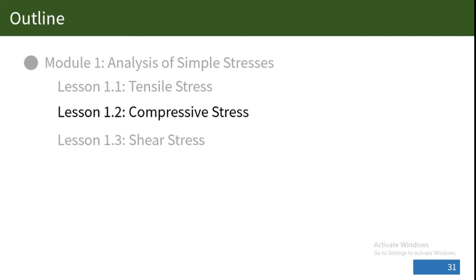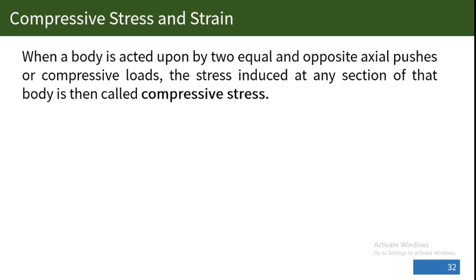Let's proceed with the compressive stress. So compressive stress is when a body is subjected to two equal and opposite axial pushes or compressive loads, the stress induced at any section of the body is called compressive stress.